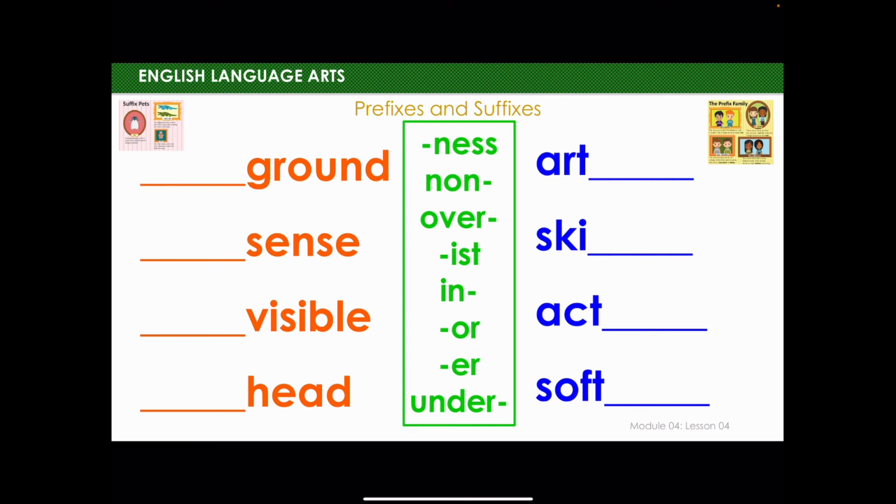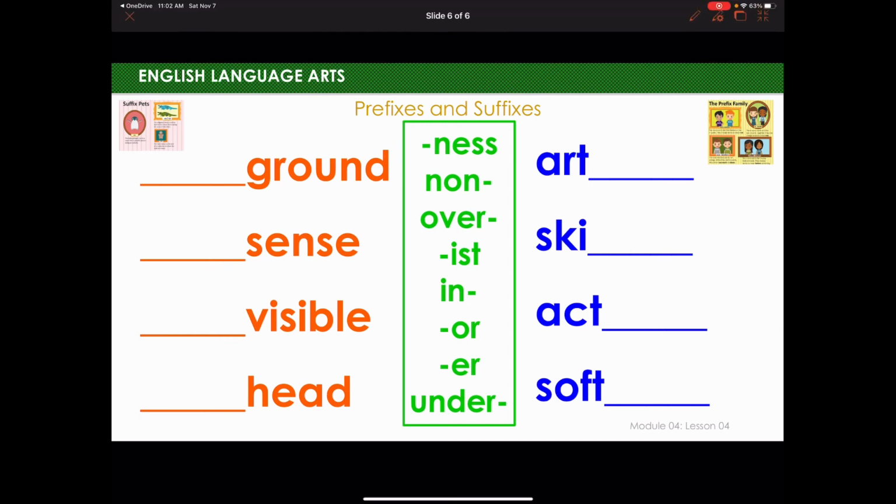We are also learning about prefixes and suffixes this week. A prefix is a part of a word that is added to the beginning or the front of a word to change its meaning. For example, if I have the prefix under and I add that to a word like ground, underground.